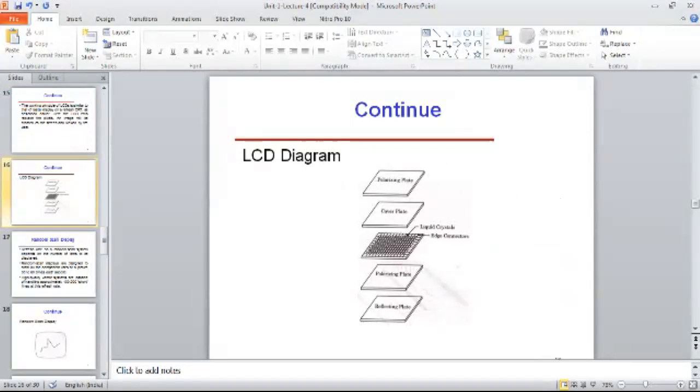So there are the reflecting plate, polarizing plate, cover plate and polarizing plate, and in the midway we use the liquid crystal. From there we get the edge connectors, and with the help of the edge connector we connect our device here. So this is the liquid crystal display diagram.